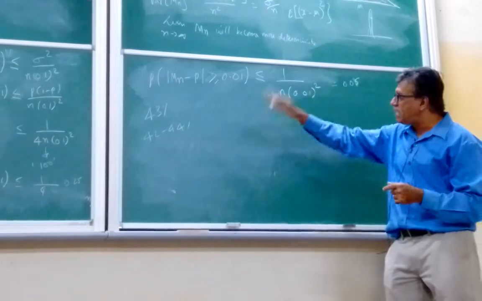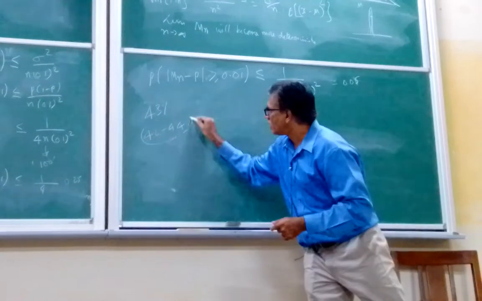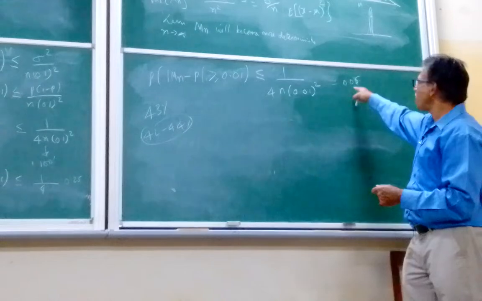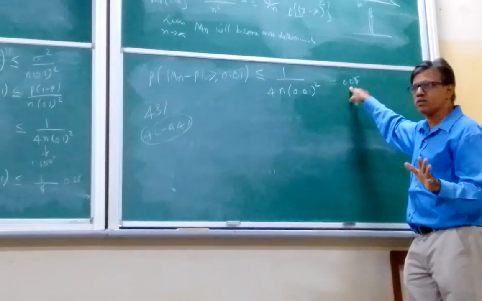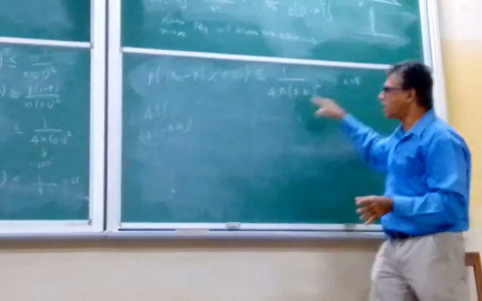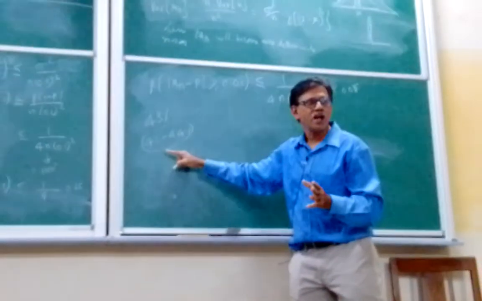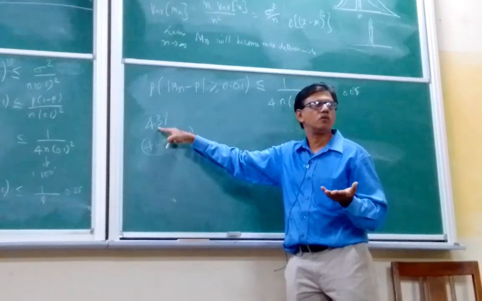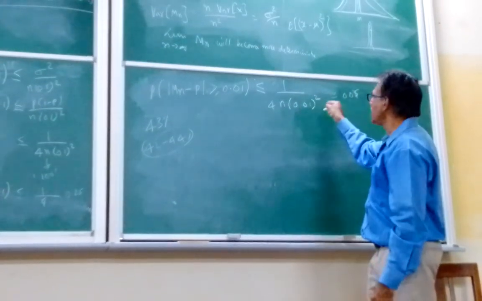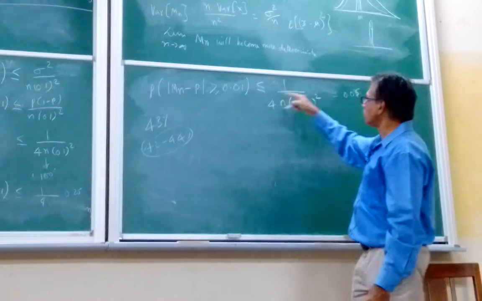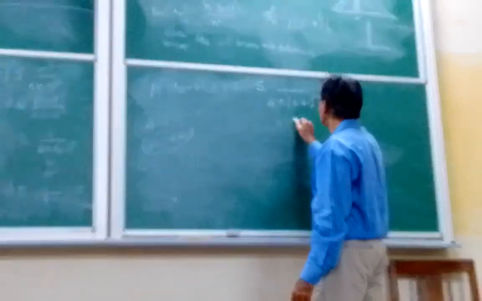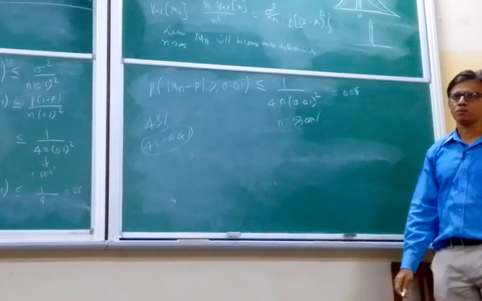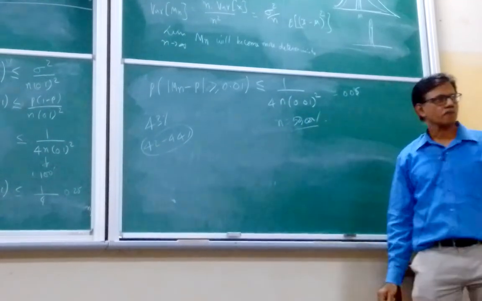It will deviate from this range only 5% of the time. 95% of the time, when I make an opinion poll, I will get a value in this range from which I will tell it is 43%. You can plug in values for these things. For the same thing, you will find that n is equal to something like 50,000. A similar problem is worked out in Bertsekas. This is what we do.